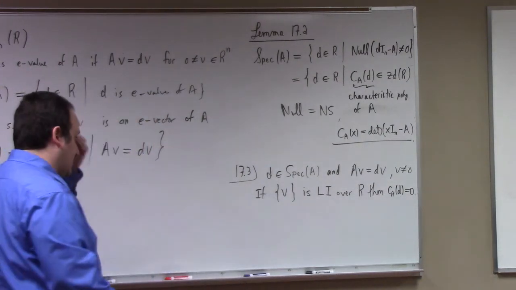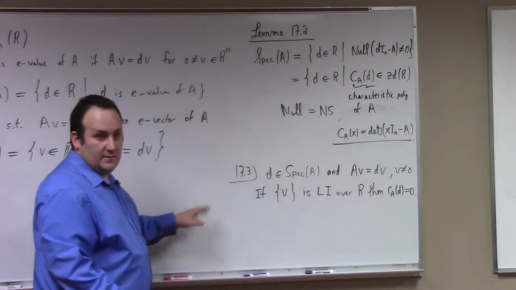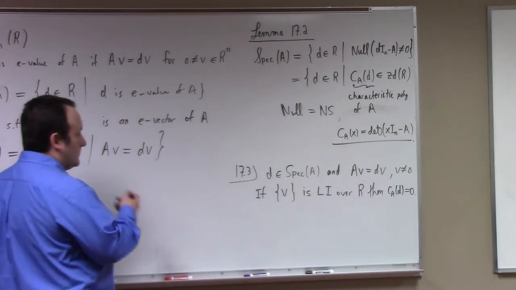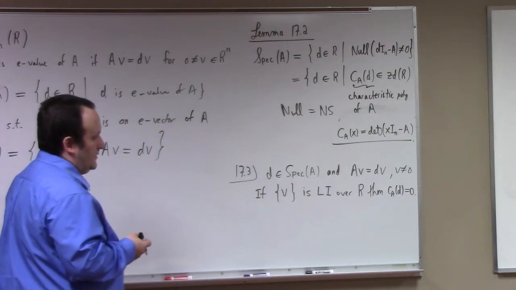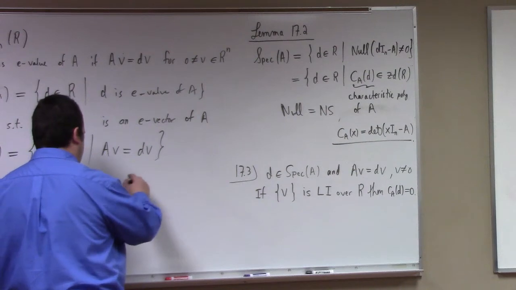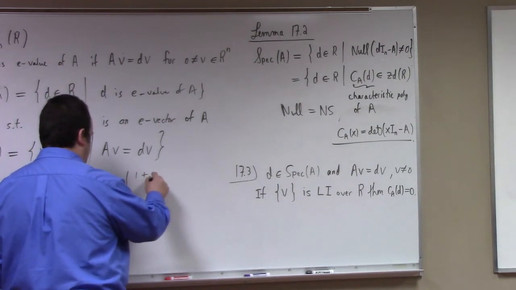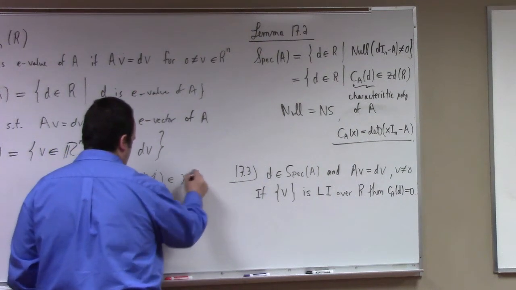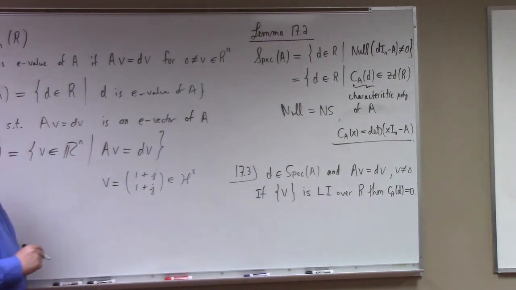So what's an example of this not happening? Well, you just need zero divisors, basically. Something like 1 plus j in H^2, hyperbolic 2-tuples.